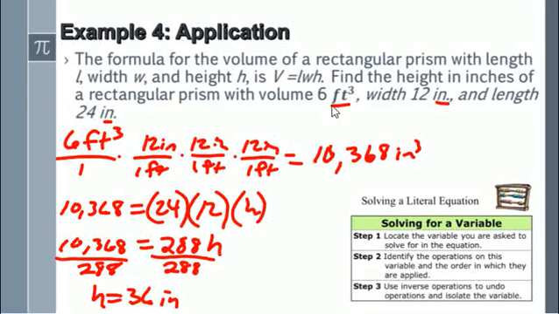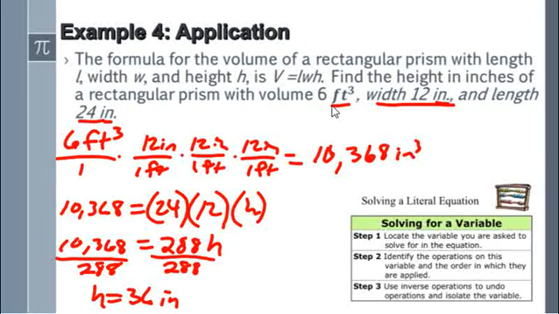Another quick way to do that would be to change these to feet. You would have 1 foot times 2 feet, times h, so that would be 2h equals 6 cubic feet.